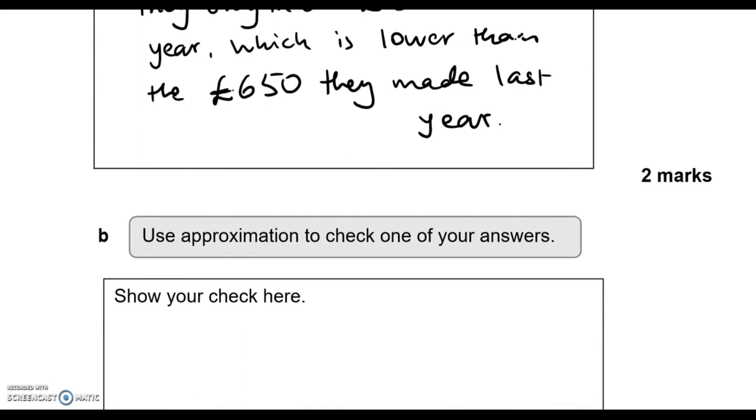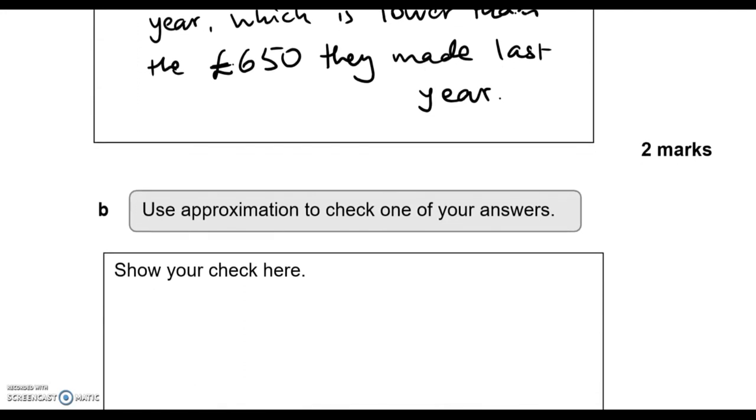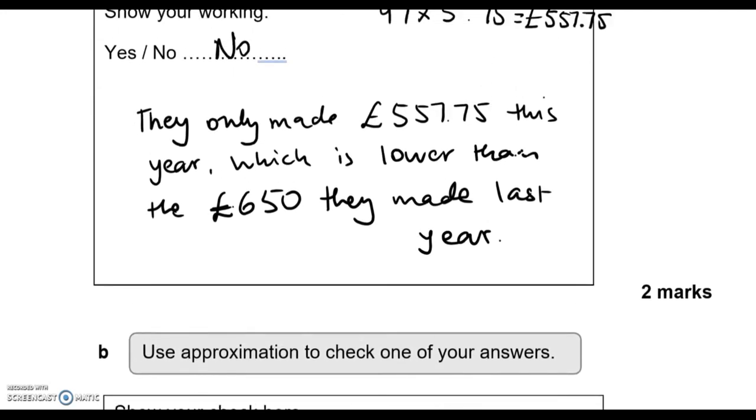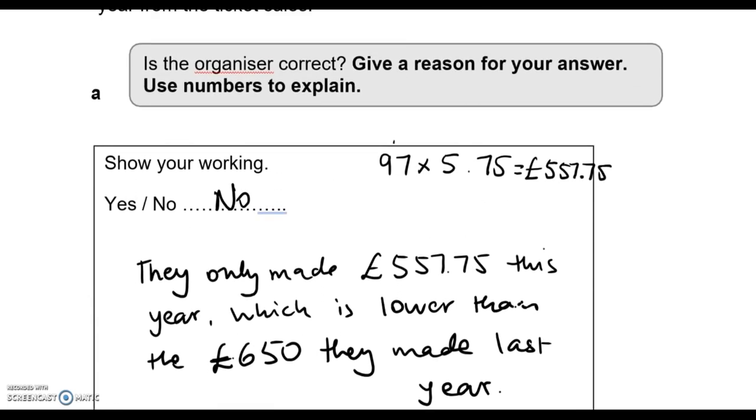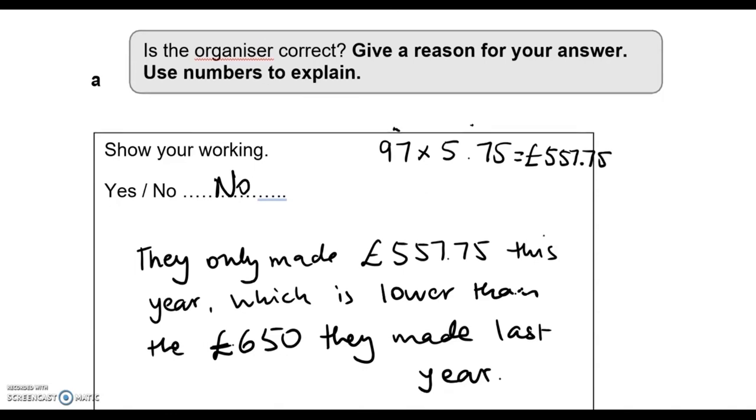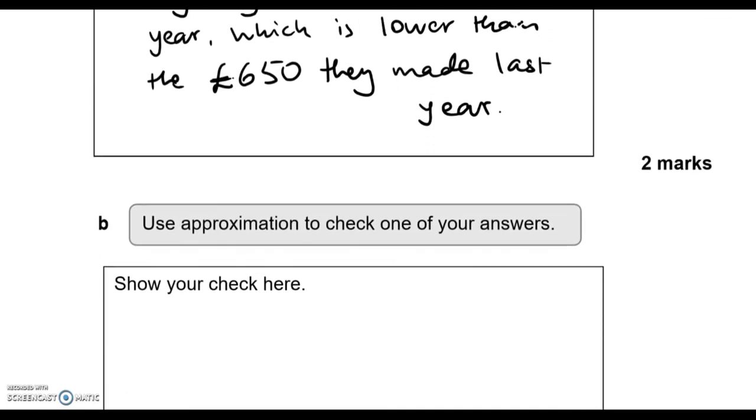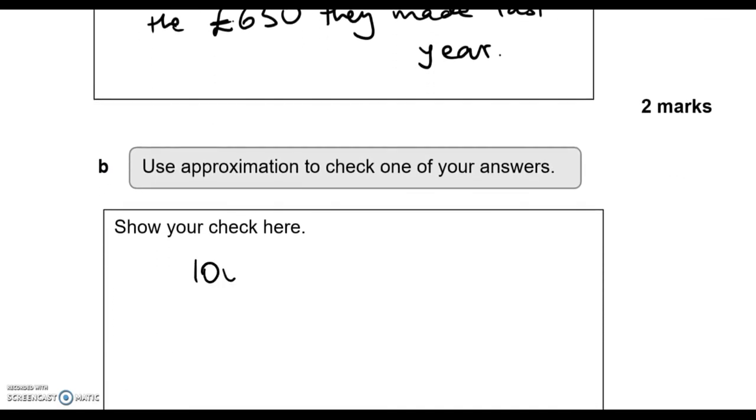Use approximation to check one of your answers. So going back up, we've got 97 times £5.75. So if we round 97 to 100 times 6, it's about 600.